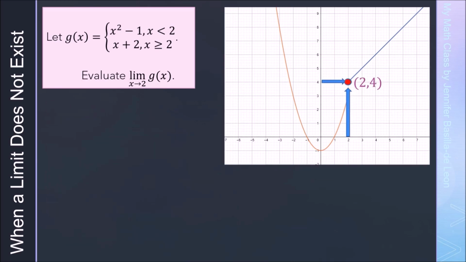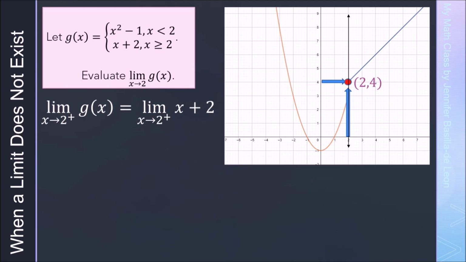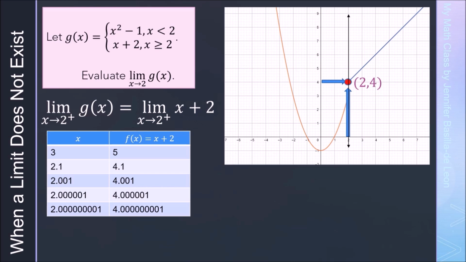Now let's evaluate the given function considering the values to the right of 2, which are the values greater than 2. So we get the function having the condition x greater than 2. Hence, we will have the limit of x plus 2 as x approaches 2 from the right. Study the given table of values.